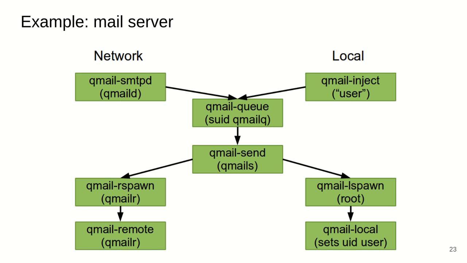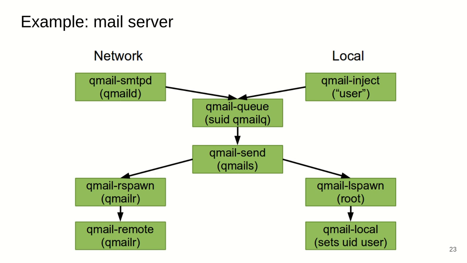If it needs to be sent remotely, it spawns a new process that then sends the email as qmail-remote, which receives the email and sends it to the network. qmail-rspawn only receives the email through the pipe and then spawns the actual remote program that is only handling the network connection. That way, the storage, reading, and sending can be separated.